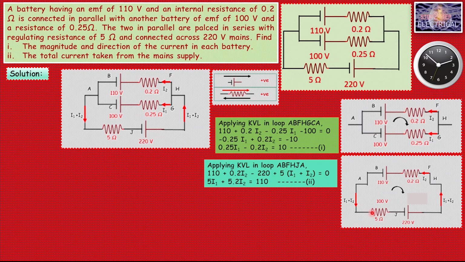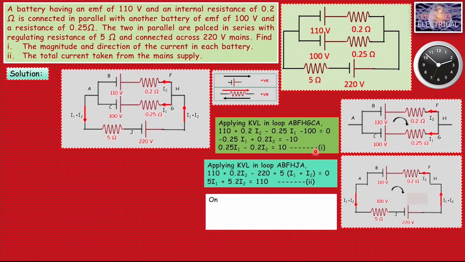For the 5 ohm resistor, the assumed current is anti-clockwise and the direction of movement for writing KVL, this black arrow, is clockwise. Both directions are again opposite, so the sign is positive. So there is a potential rise. On simplifying this, we get 5 I1 + 5.2 I2 = 110 volt, and this is a linear equation. Both equations are linear.